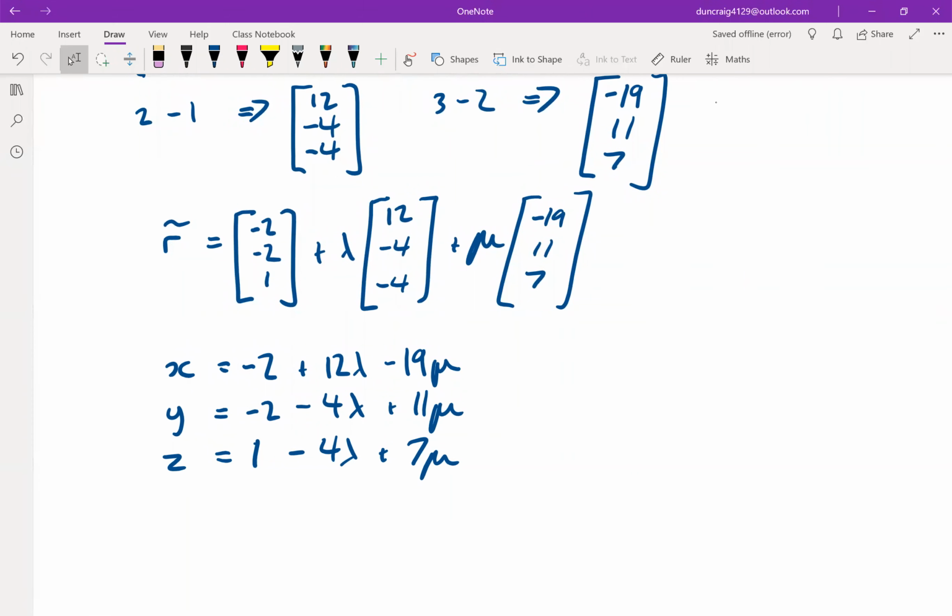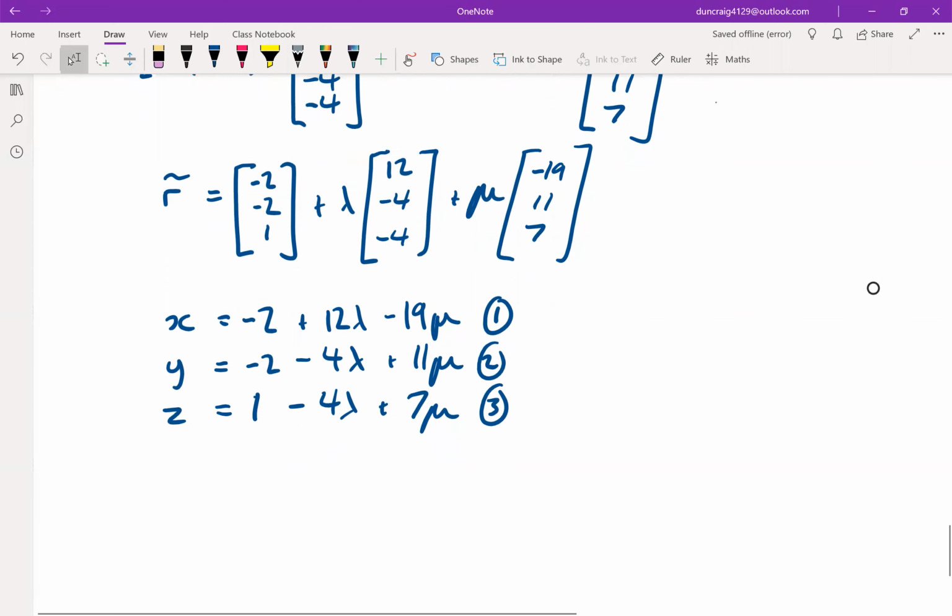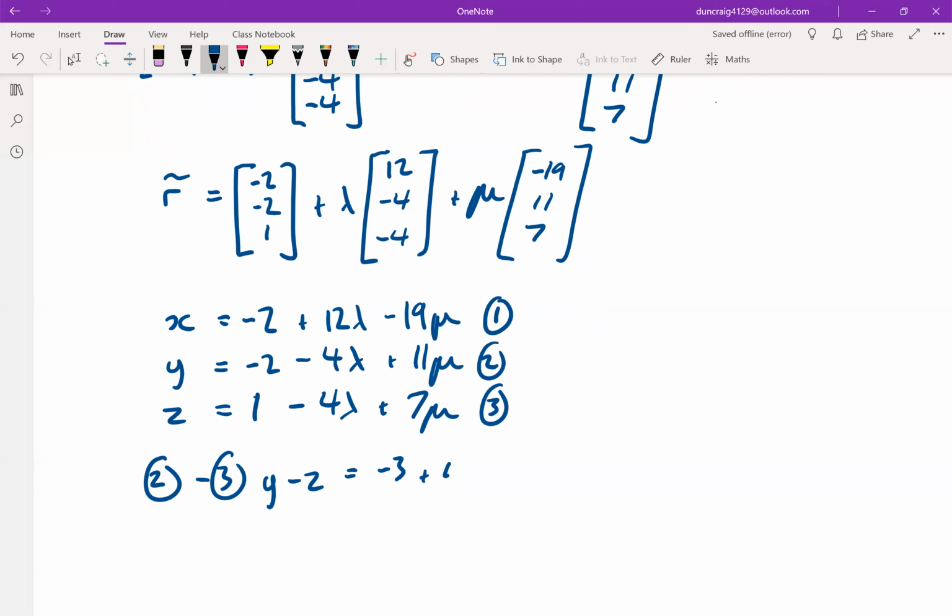I can see here that if I add a couple of these, or basically if I call that 1, 2, 3, if I did 2 take 3, that's going to give me y take z is equal to minus 3 plus 4 mu.